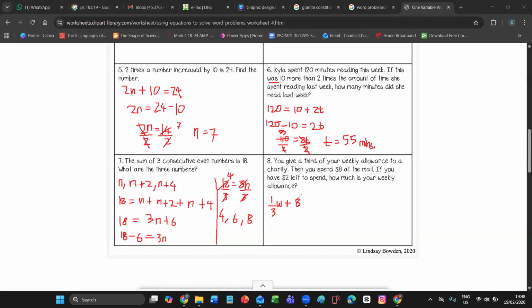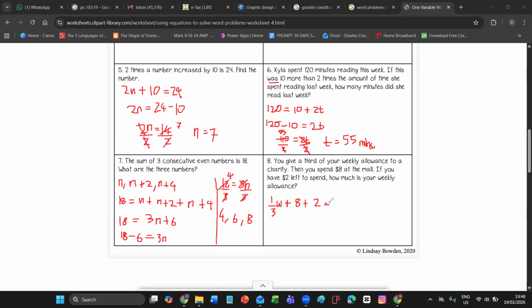The $8 has no relationship to the weekly allowance, so you just write 8, and then $2 was left. So that's plus 2, isn't it? Yes, sir. Okay. This question is even simple now.